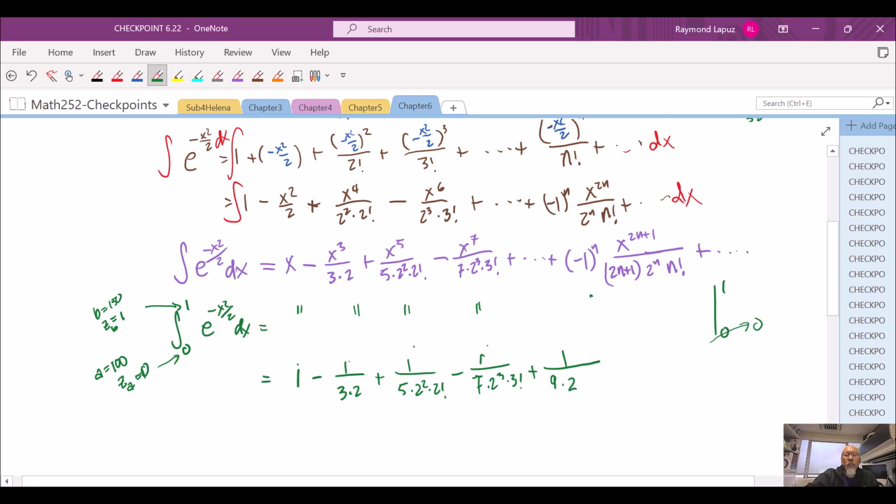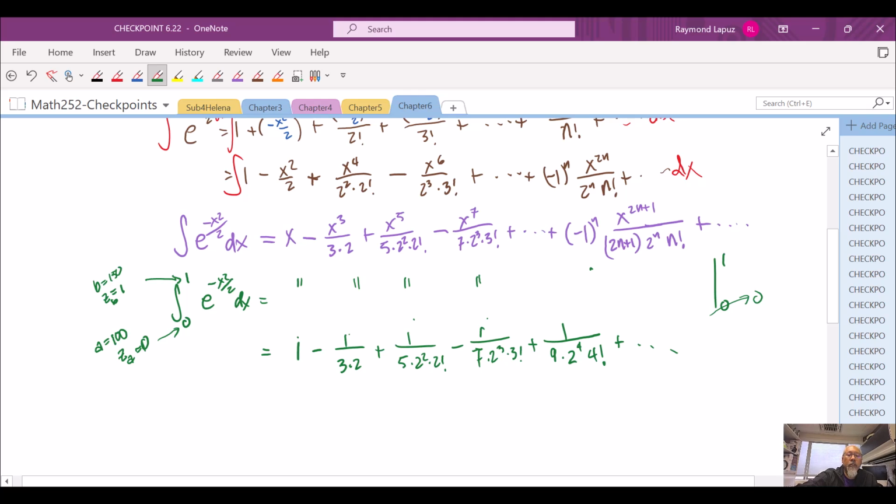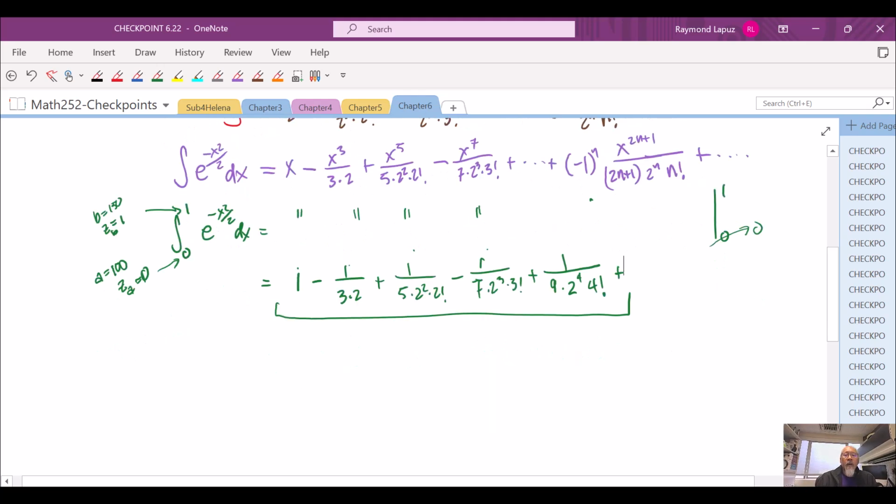We're going to have 2 raised to the, this is 2 squared, 2 to the 3rd, so this is going to be 2 to the 4th. And then this would be the same number factorial. I'll put dot dot dot here, but if they only want the first 5 terms, then this is what we're going to go for. So we're only going to care about this much of the series.